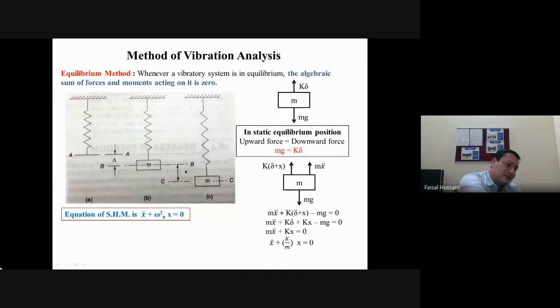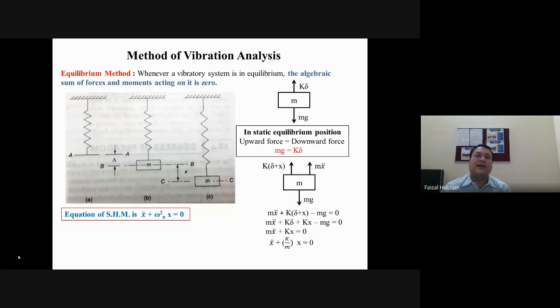Method of vibration analysis. After seeing the basic fundamentals of vibration, now we are moving to the vibration analysis concept. The first method is the equilibrium method. What the equilibrium method says is that whenever a vibratory system is in equilibrium, the algebraic sum of forces and moments acting on it is zero.